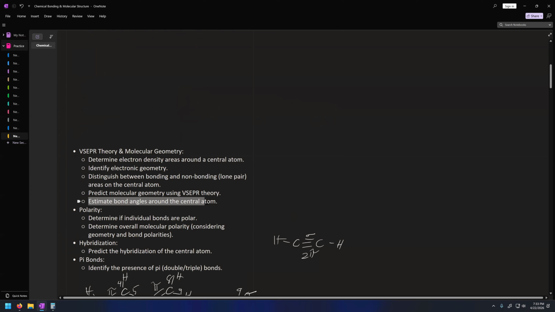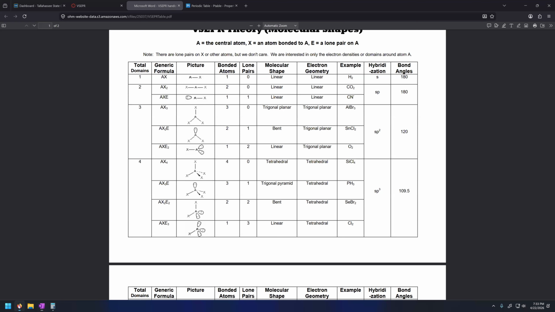We can estimate the bond angles around the central atom just as easily. We need to take a look at our chart once again. Notice that the bonding angle is spelled out for you right there. Should be 109.5, and that's a consequence of it having a tetrahedral electron geometry. Same thing applies for the hybridization. Just says it literally right there.